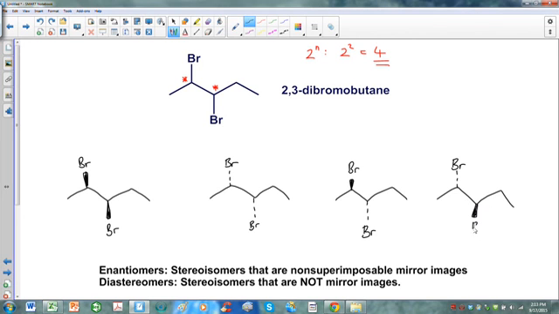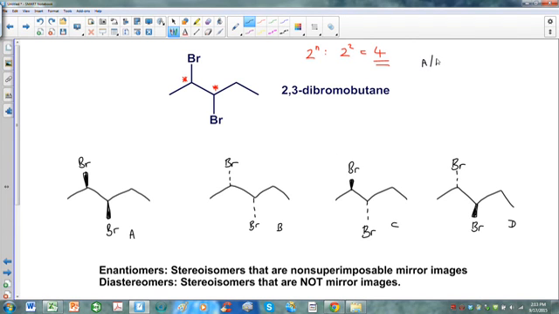Now the reason I'm going through this is, if I label these A, B, C, and D, I want you guys to be able to recognize how we can tell when we have a pair of enantiomers and when we have a pair of diastereomers. Okay, so we're going to come up with a bunch of relationships here.